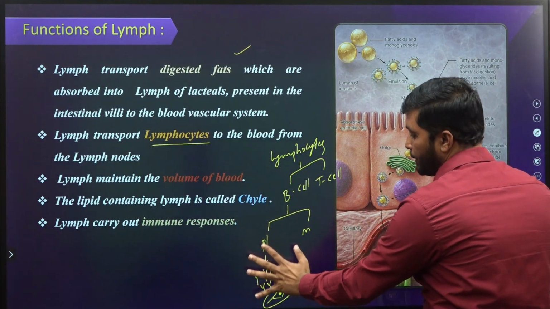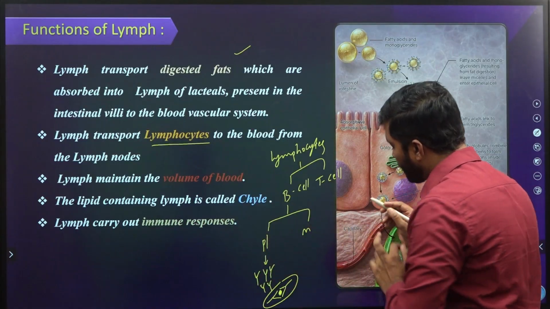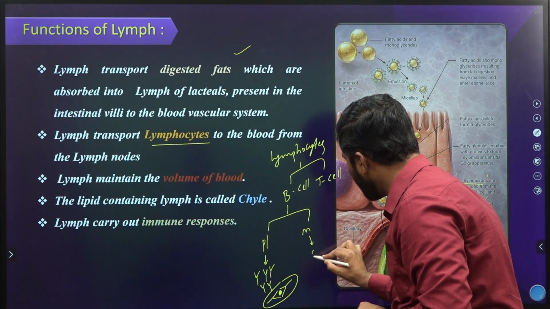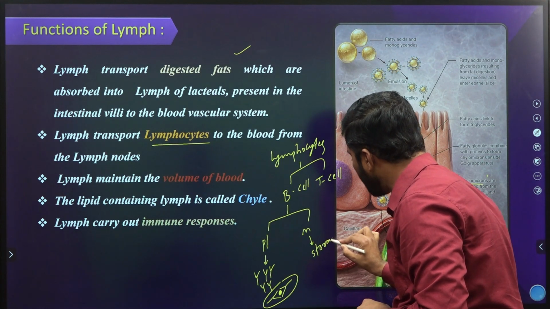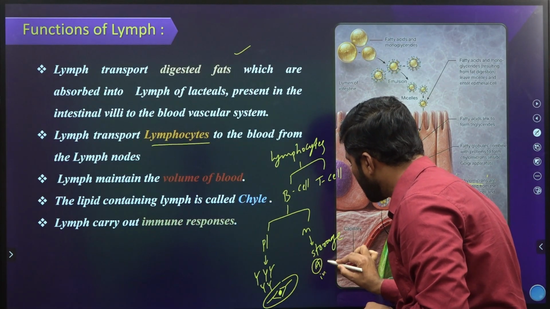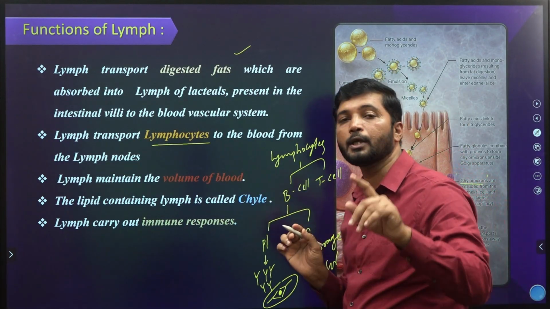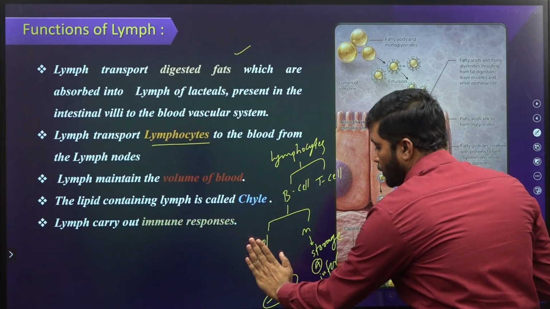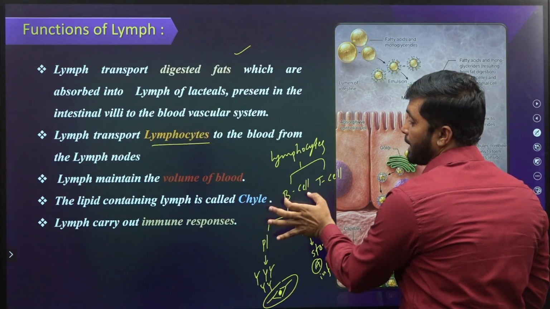So that is the antibody produced by plasma cells. Memory cells are long-lived cells that store antigen information and are ready for the next immune responses. That is the short-lived and long-lived cells of the B cell.